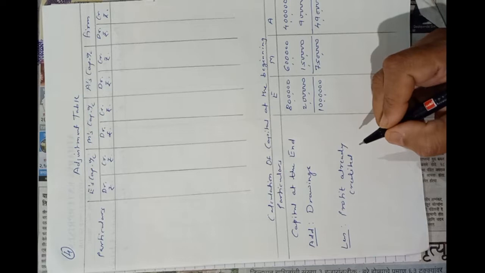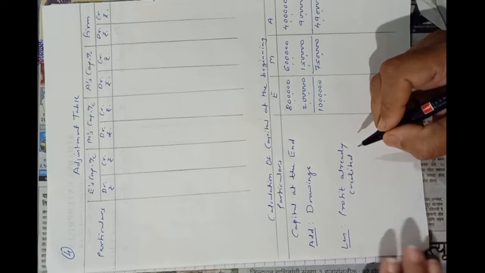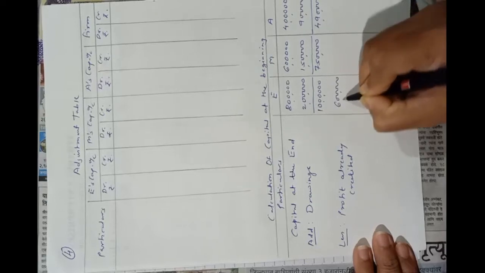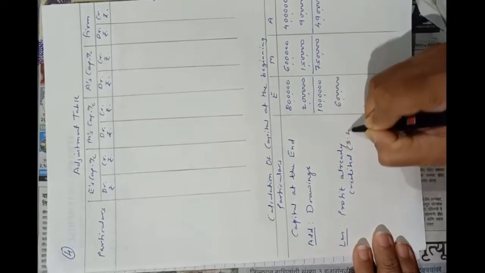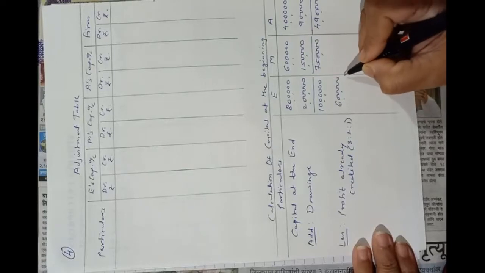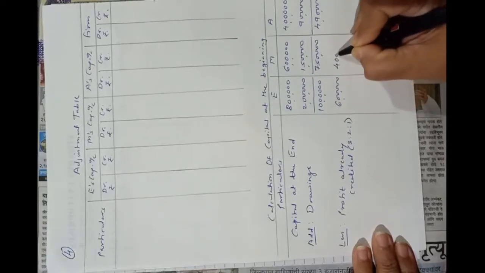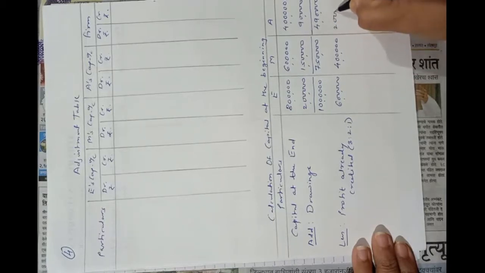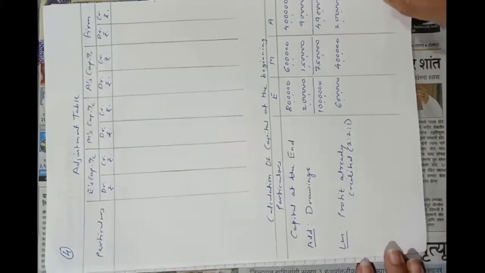So 12 lakhs in 3:2:1, that will be 6 lakhs, 4 lakhs, 2 lakhs.